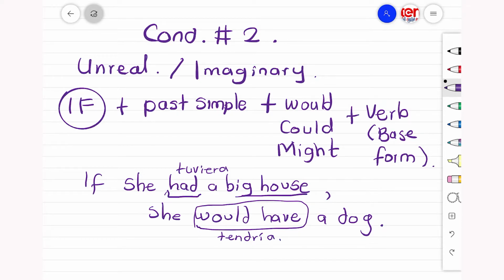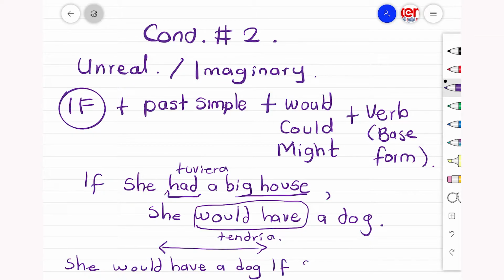In some cases I can switch the position of the statements. Pay attention to this. She would have a dog if she had a big house.